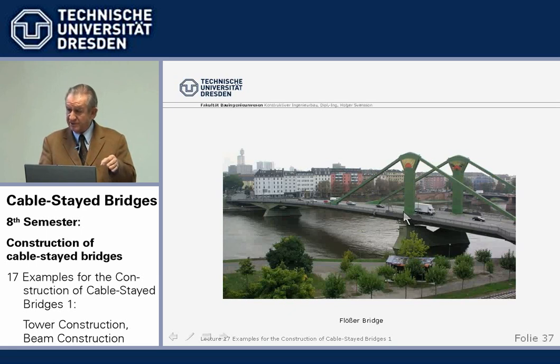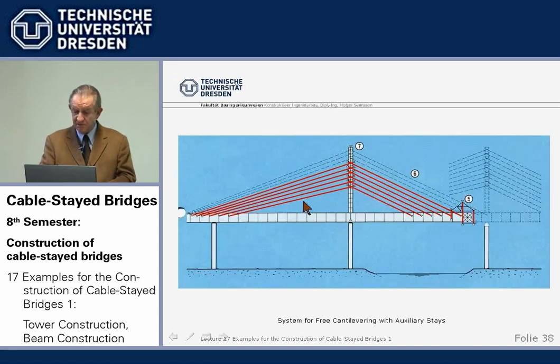So the engineers then had the task how to build it. We have, even in the final stage here, 50-meter distances. We couldn't place an auxiliary pier in the river. So how to build this thing? Well, you do it with auxiliary stays.